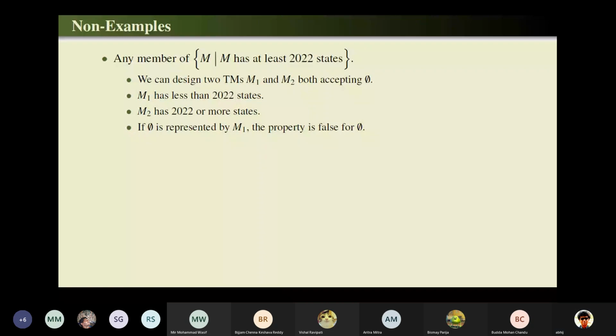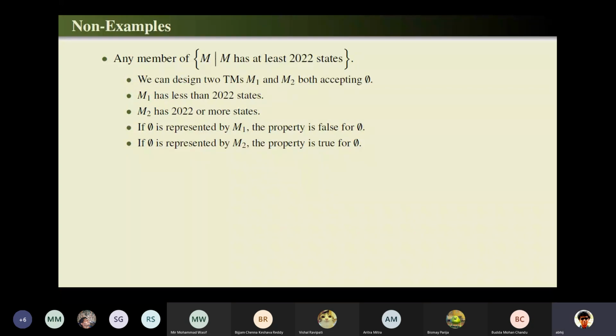Agree? On the other hand, if phi is represented by M2, this property is true for that particular RE set. Therefore, which machine will be the representative of that set? We cannot unambiguously choose.